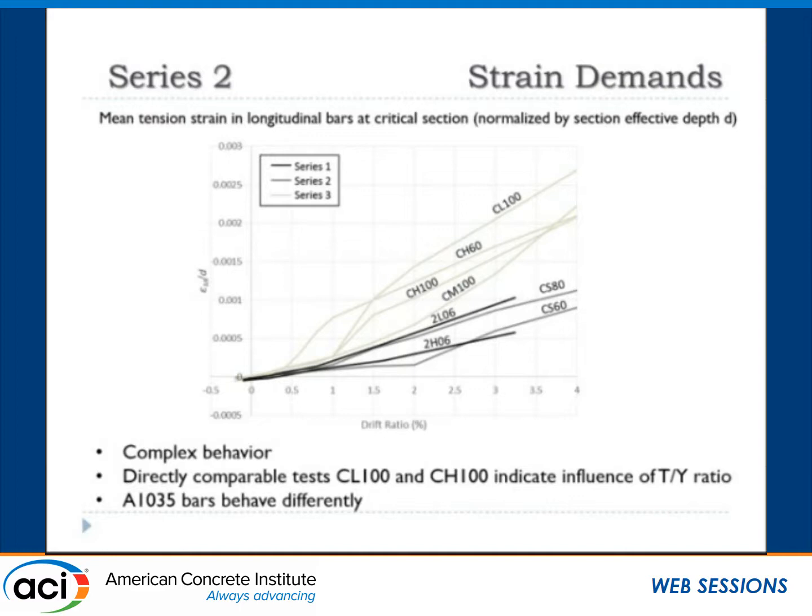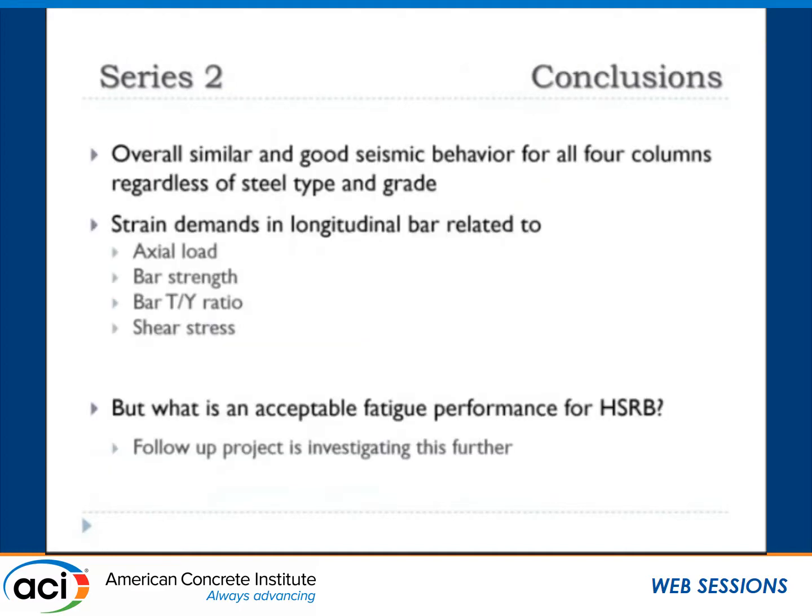These are the 4 columns that were pretty much identically designed, just different bar properties. And you can see here quite a big difference at any given drift ratio in the strain demands in the bars. So it's a complex behavior. We started looking at it, trying to figure out why some are doing worse than others or better, and what is driving all of this in the behavior.